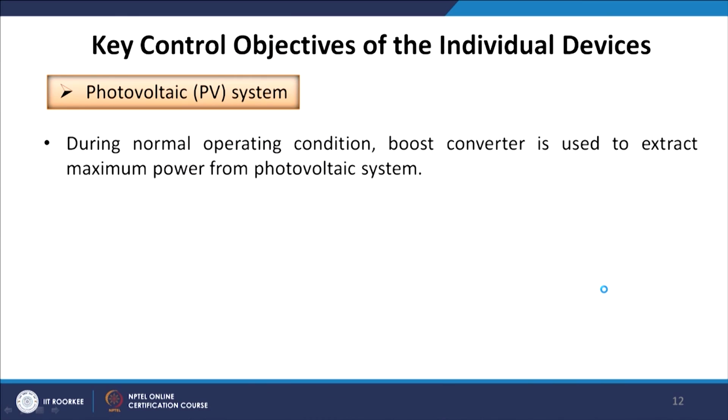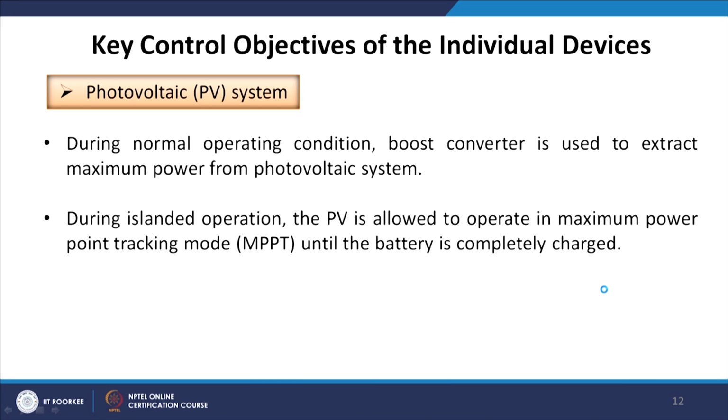Photovoltaic PV systems. During normal operating conditions, a boost converter is used to extract maximum power from the photovoltaic systems. During islanded mode of operation, the PV is allowed to operate in its MPPT mode until the battery is completely charged.